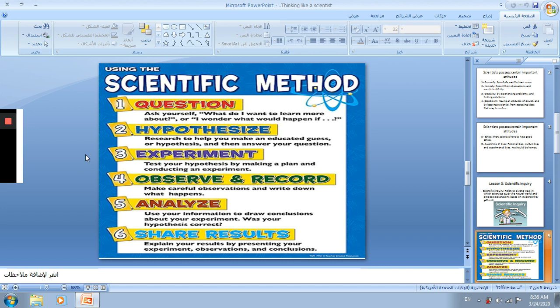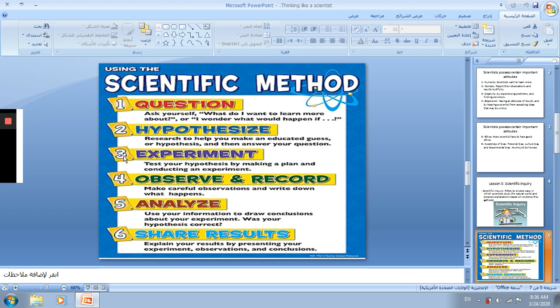So the experiment now tests your hypothesis. After making the hypothesis, the scientist wants to test his hypothesis by making a plan and conducting an experiment.